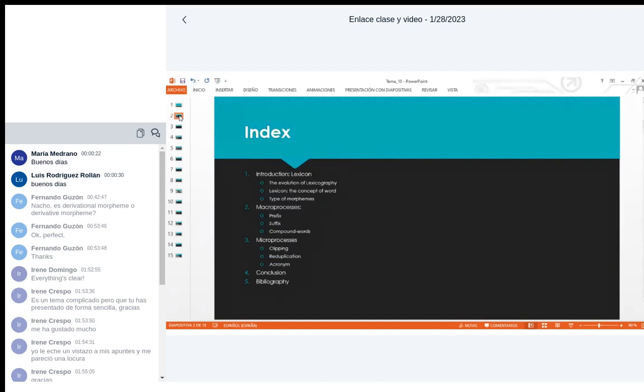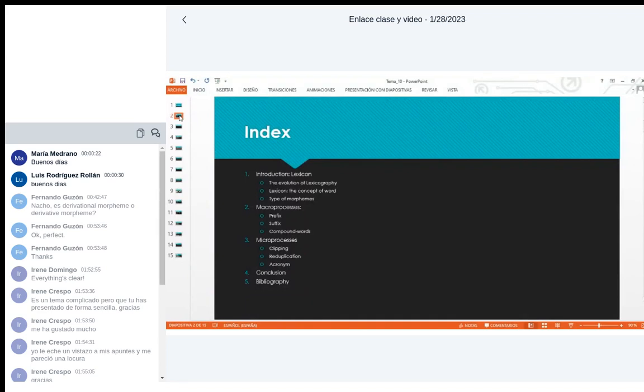So basically, what we're going to be dealing with in this theme is first an introduction where we will explore the meaning of lexicography, what is lexicon, and the types of morphemes. You know that there are two types of morphemes, and the bound morphemes are the ones which allow us to form different words through suffixes and prefixes. Then there are two processes in word formation, called the macro processes and the micro processes.